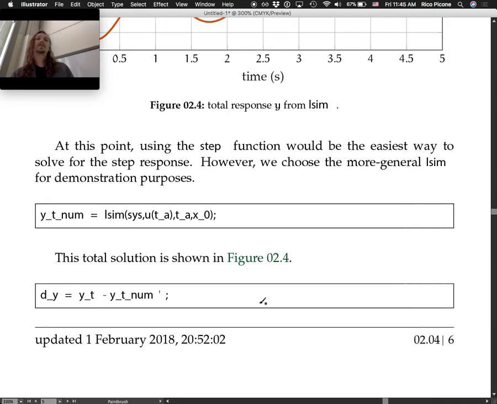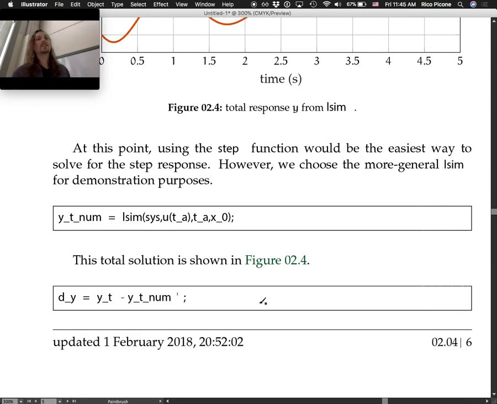At this point, we could use the step function, which would be the easiest way. Because if you want to find the step response for a state space system, there's a really, really simple command called step. You do step of sys and it just gives you the plot and everything. You don't even have to plot it separately. However, that only works for step inputs.